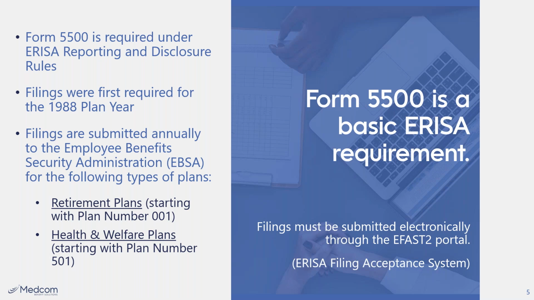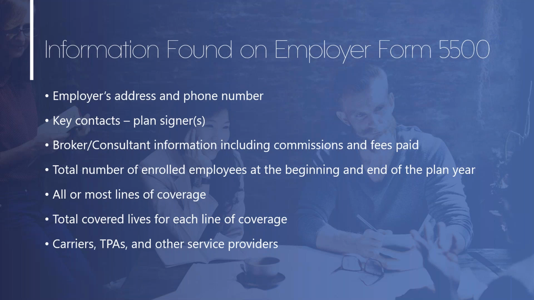And then there are the health and welfare plans that MedCom assists with, and you'll recognize those because they start with a plan number from 501 and up. And of course, all of these filings are submitted electronically through the EFAST portal, and we use that for our researching purposes.